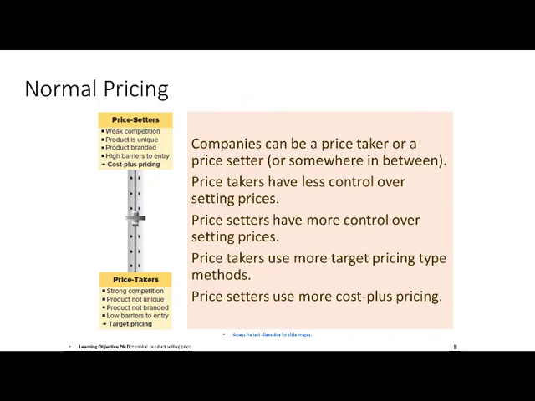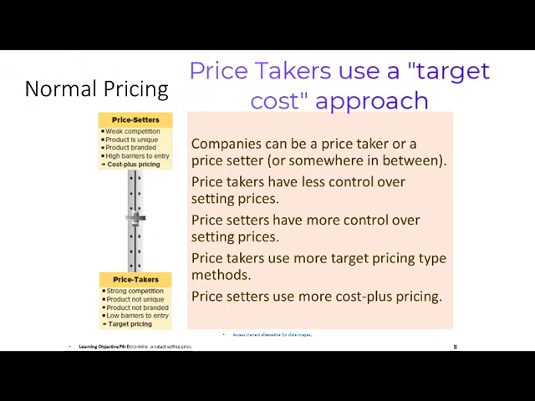On the other side of the spectrum, when competition is high, companies might be forced to be price takers and have little control in setting prices. In such cases, target costing or target pricing can be useful.